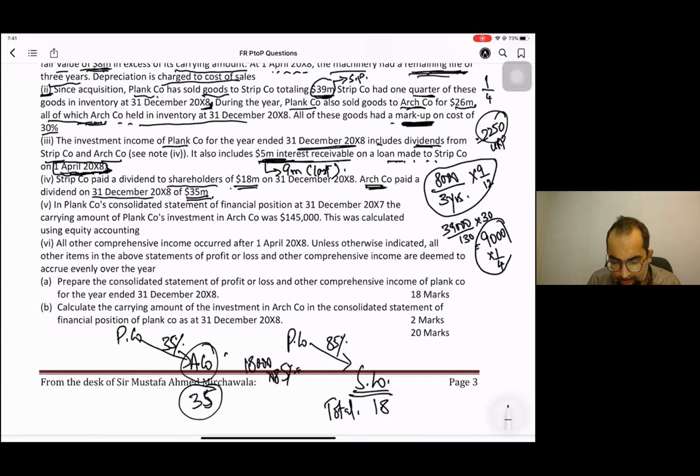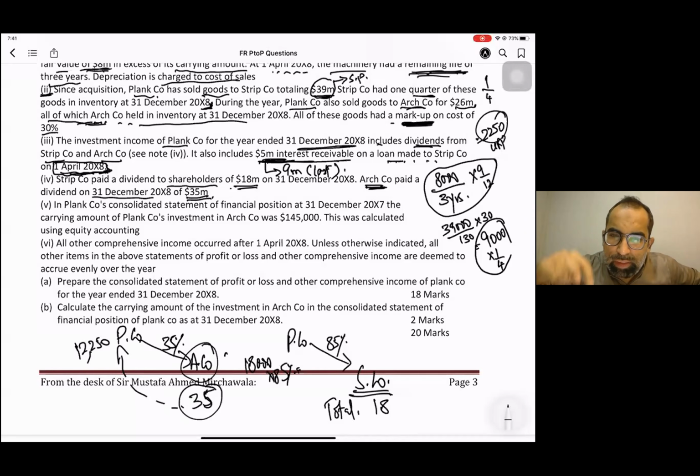How much are we going to receive from this 35 million? Just multiply 35,000 times 35%. I think the number is 12,250.